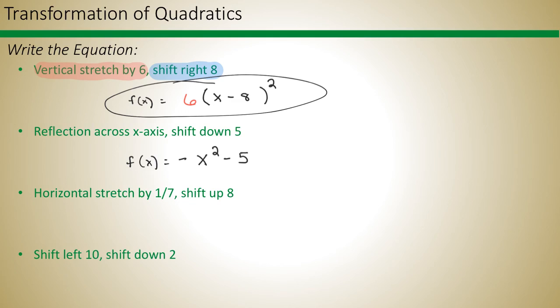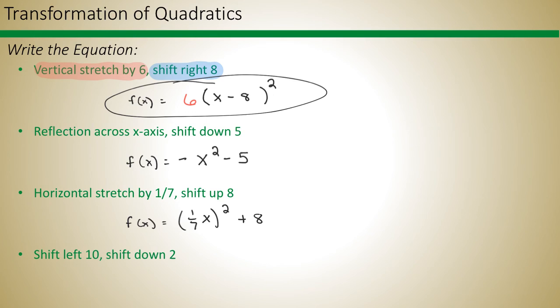Okay, the next one, we have a horizontal stretch by 1/7. So that means we're going to have 1/7 inside of parentheses, and we're shifting up 8, so plus 8 on the outside. So here we have f of x is equal to (1/7 x) squared plus 8.